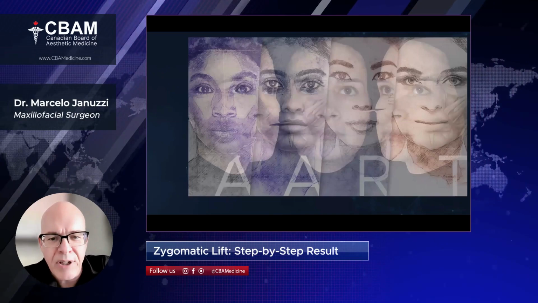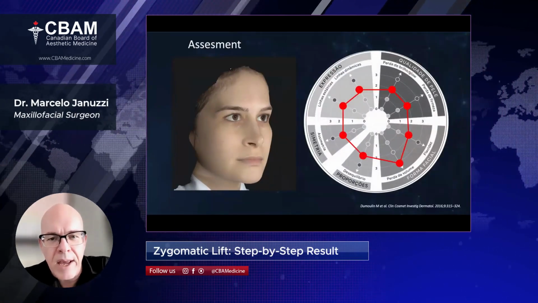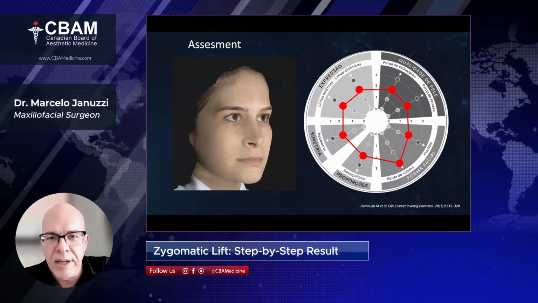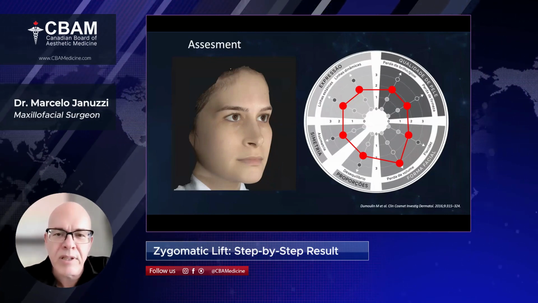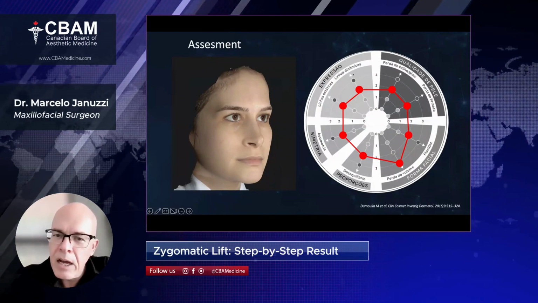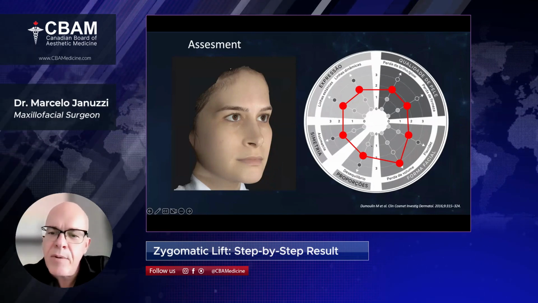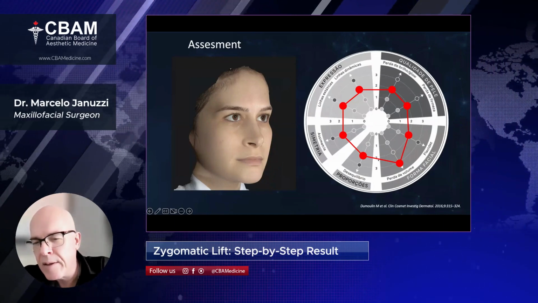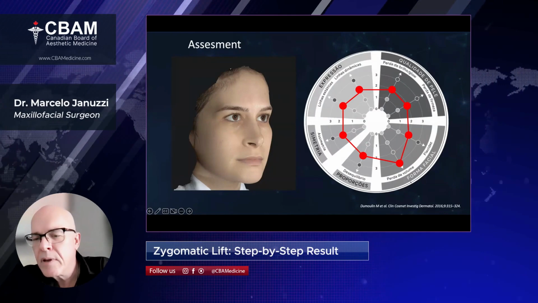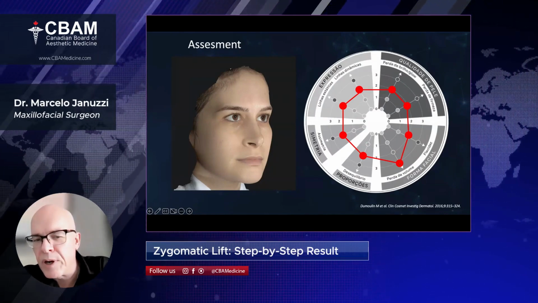So after that, we use the anatomy guides. When I told you Friday, we established this type of round facial scale. And here we can see that the loss of volume is a very important problem for the patient.